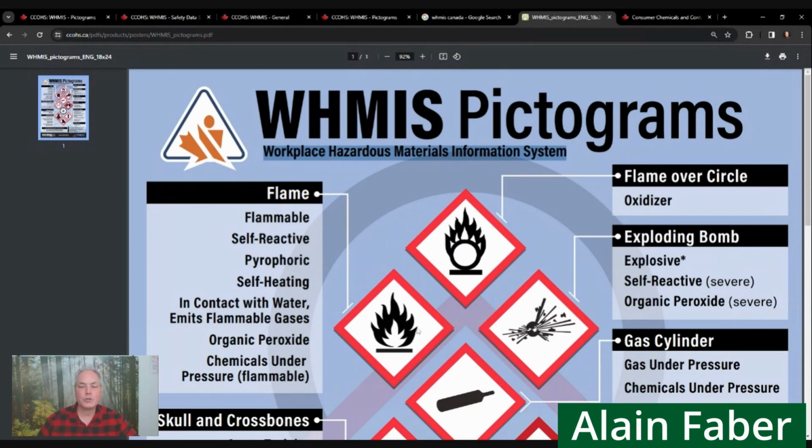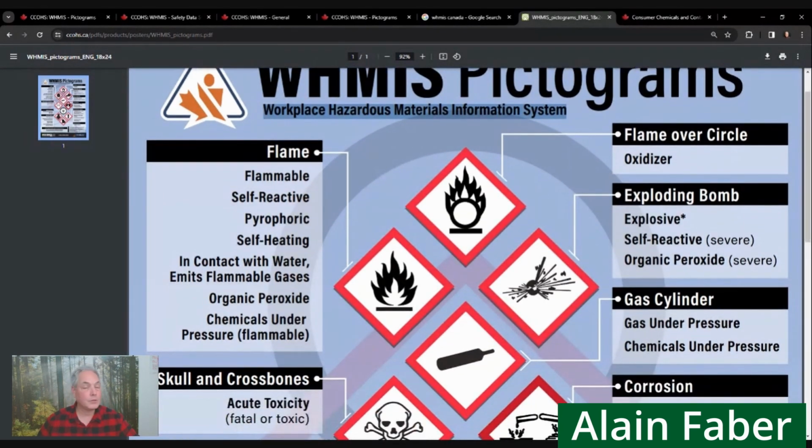So the first one we're going to take is this one right here in this red diamond, and it's a flame. These are all products that are flammable, self-reactive. That means that sometimes if there's a shock that happens to them, we can also have maybe a small spark that could create an issue. We also have self-heating.